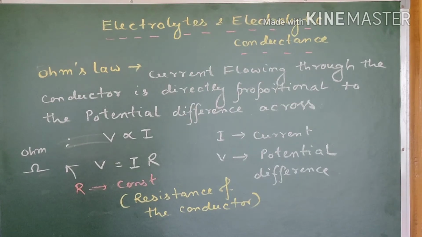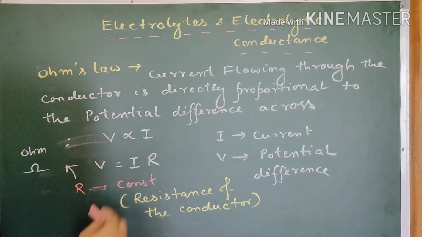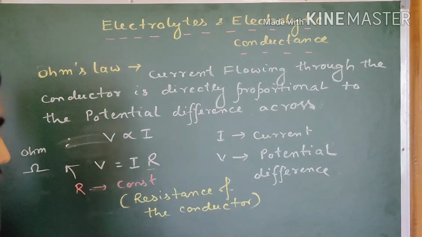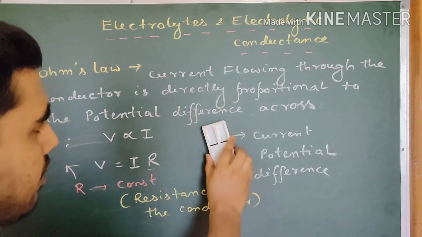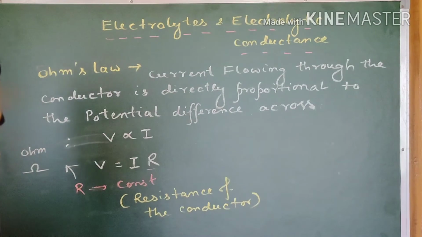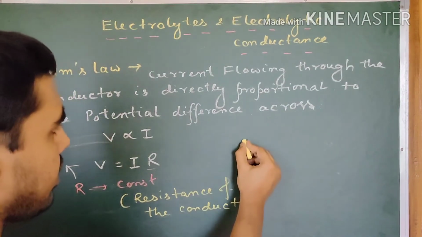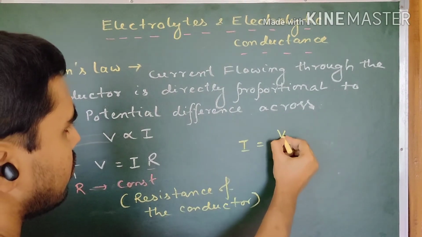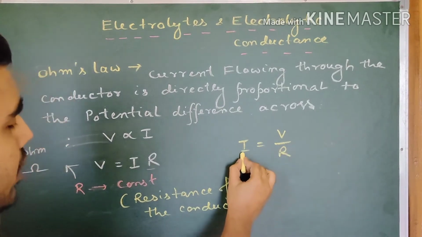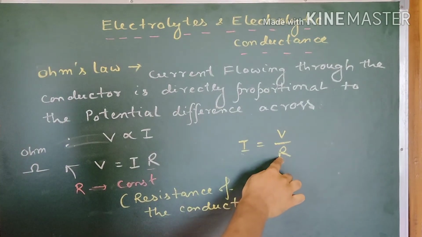So now let us see a few basic related terms which are commonly used in this particular case. As I have mentioned, V is equal to IR, obviously if we further write, I is equal to V by R. So it is quite obvious the greater the R, the lesser the I will be.